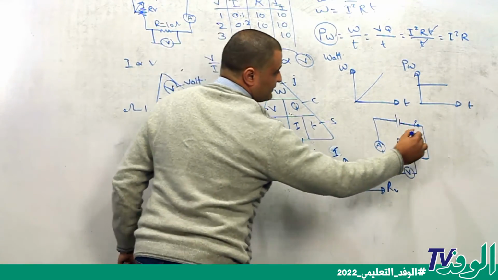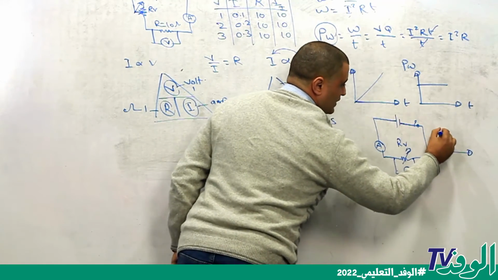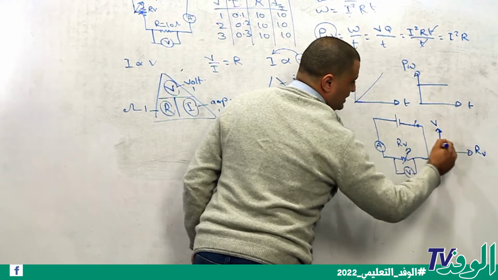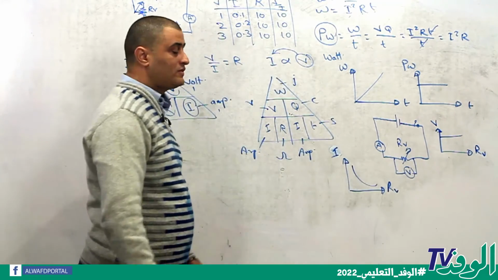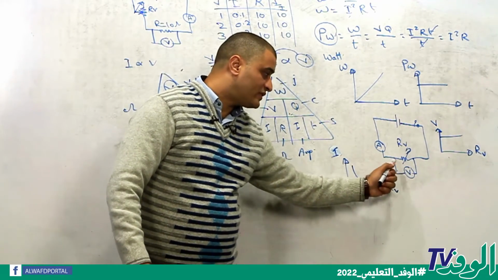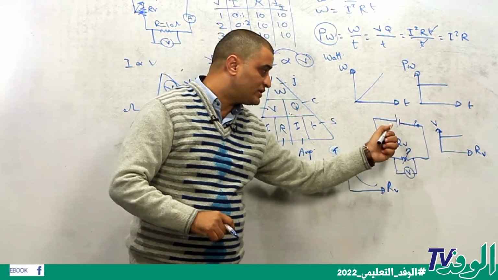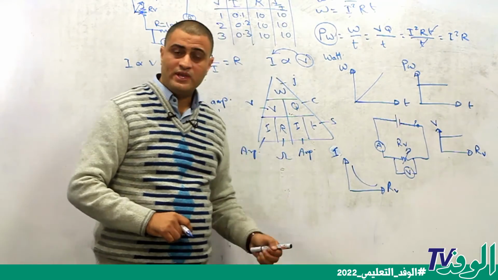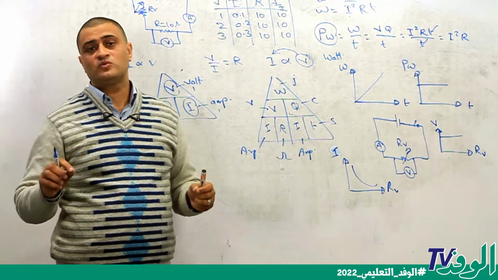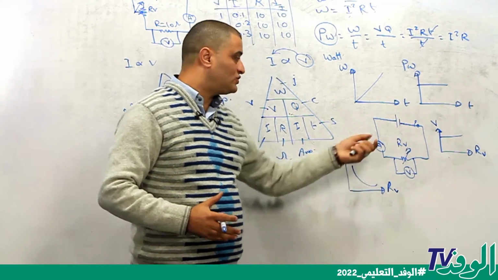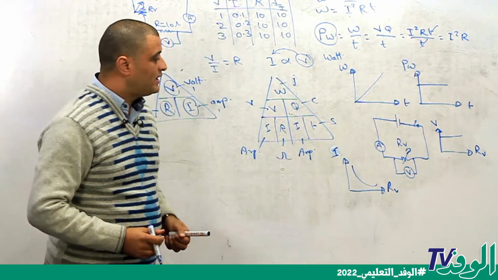Another one, here, by increasing RV, V is constant, because V is the potential difference between the 2 points of RV. At the same time, it is the potential difference between the 2 poles of the battery. So the potential difference between the 2 poles of the battery appears as a constant during this circuit.